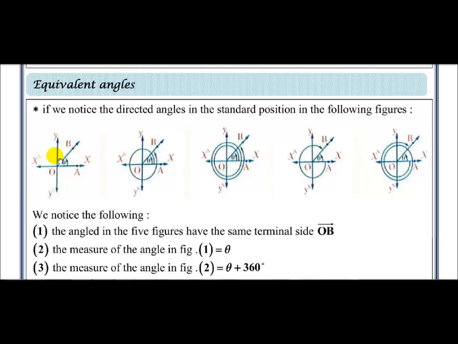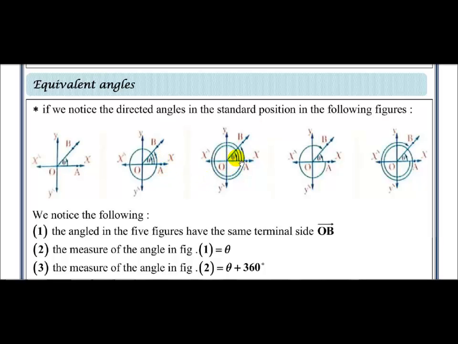When I draw this directed angle and rotate from the initial and stop at terminal OB, what do I get? I get the same angle.